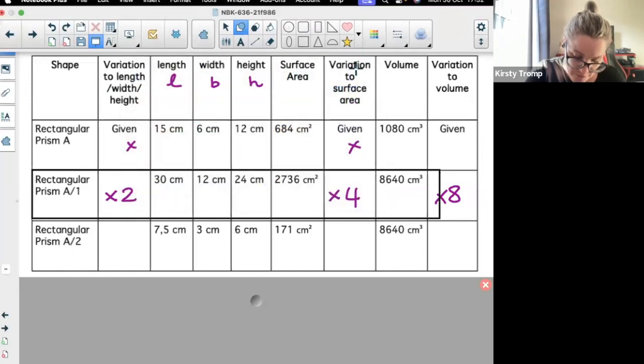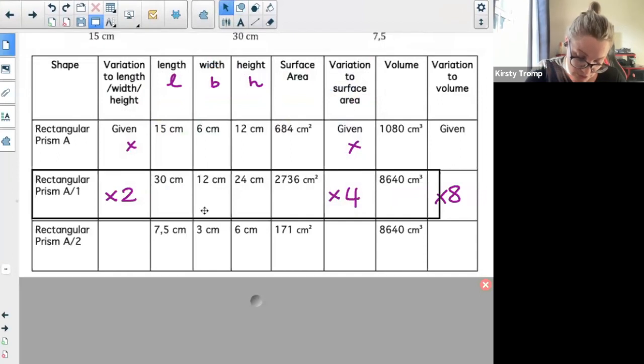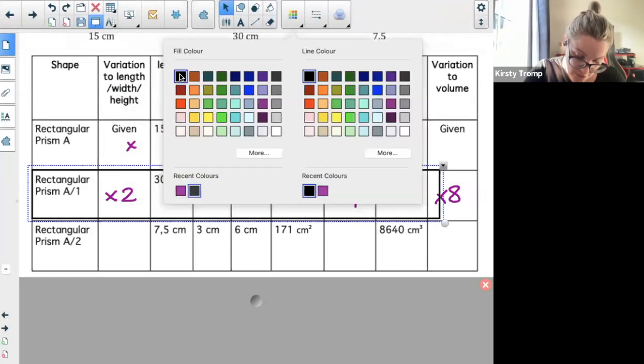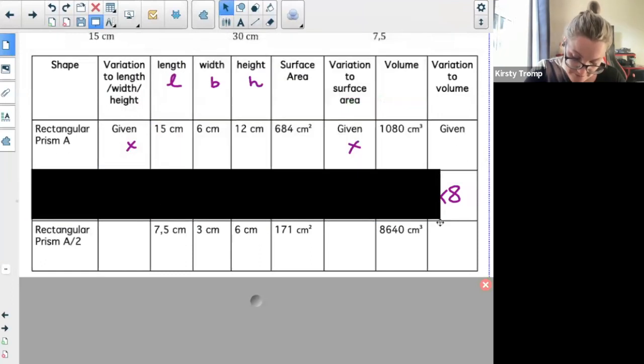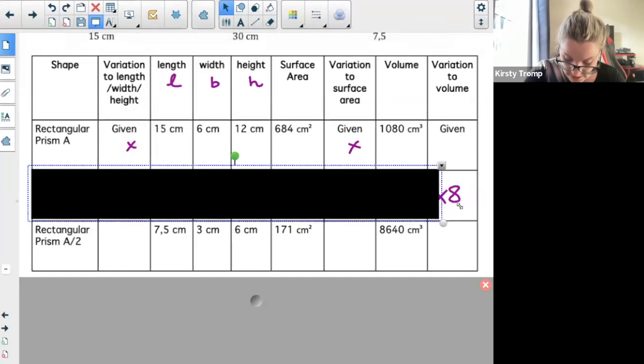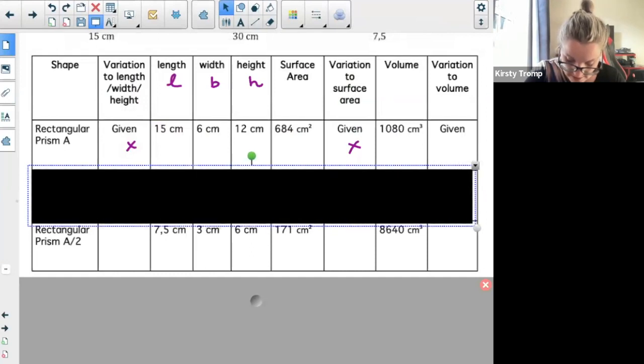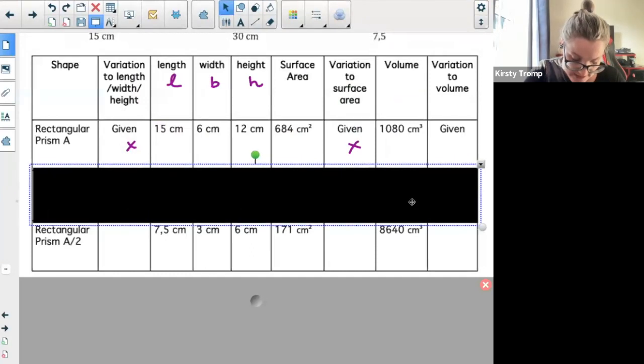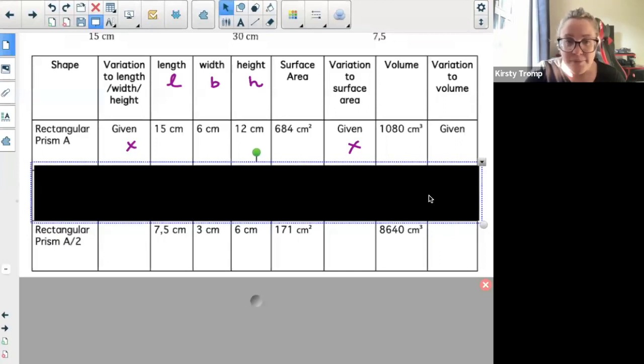Go have a look at that for me. Let me block that one out for you for now. So I'm blocking out A1. Who can tell me what's happening with the figures? And now my mouse is working again.